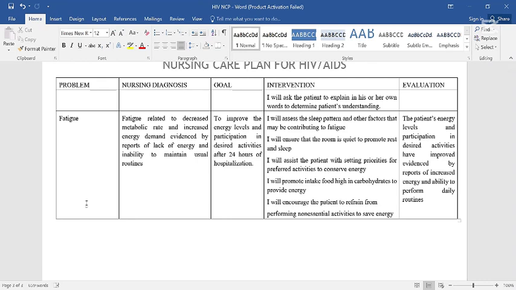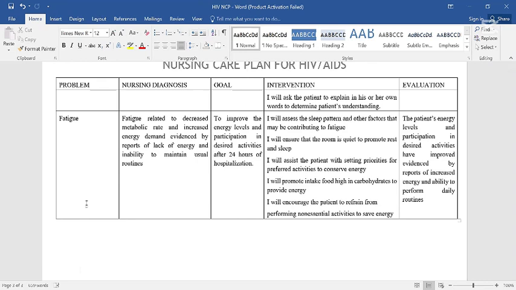So fatigue can be put as a nursing problem. Okay, so fatigue related to the decreased metabolic rate and increased energy demand, evidenced by reports of lack of energy and inability to maintain usual routine.